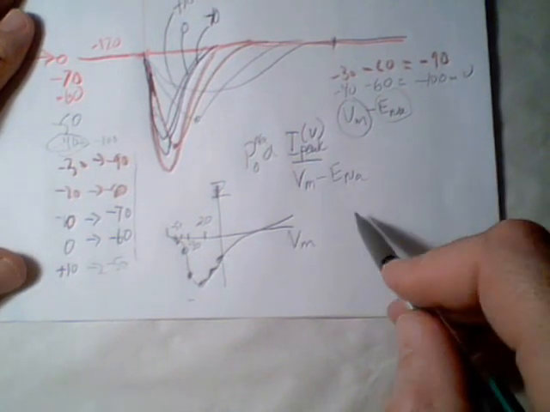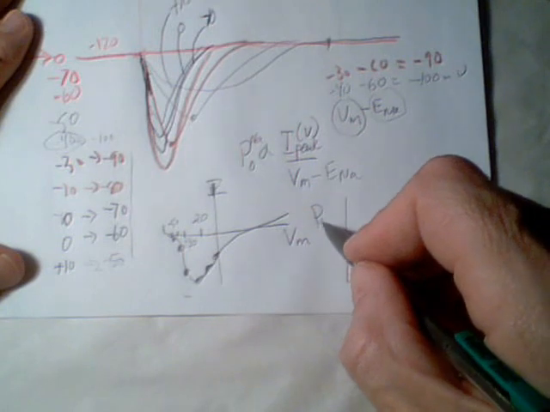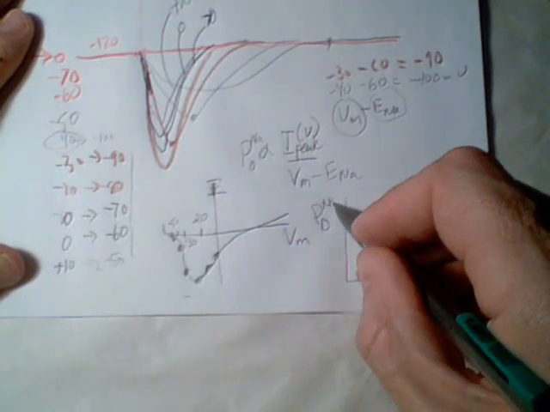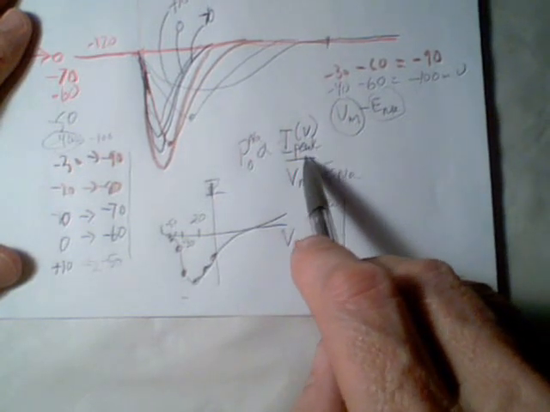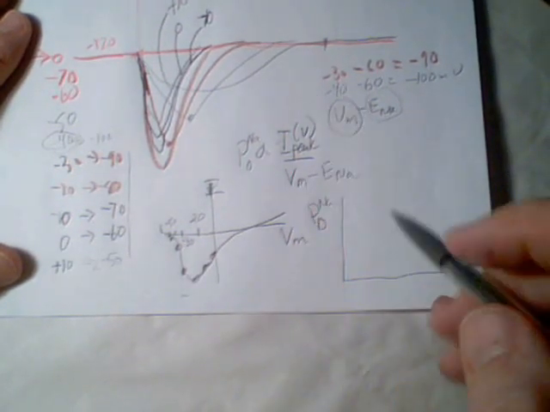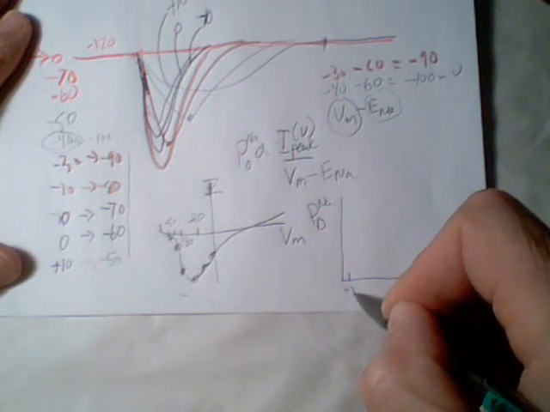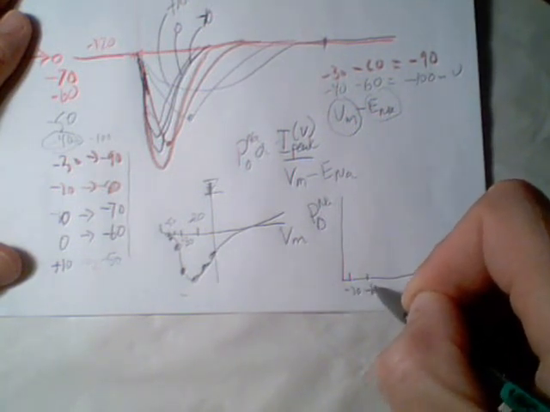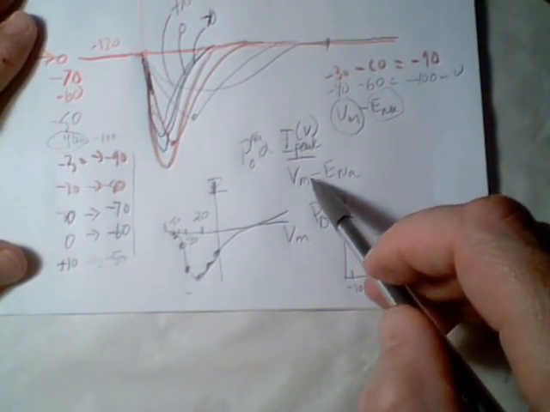Now if we want to calculate the relative probability of the sodium channels being open, and we do this division of the peak current by the driving force, we find that it's going to be 0 at minus 70. At minus 60 we know we got no current, so if we divide 0 current by any driving force, we're going to get 0.